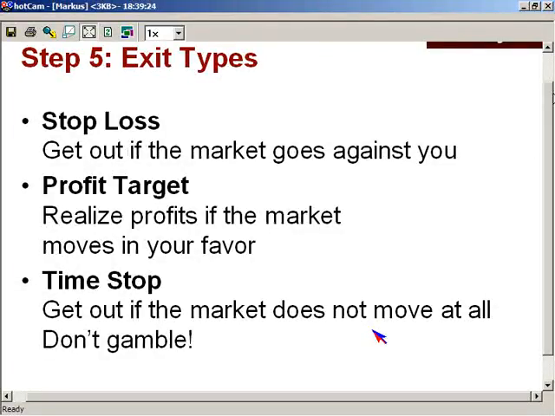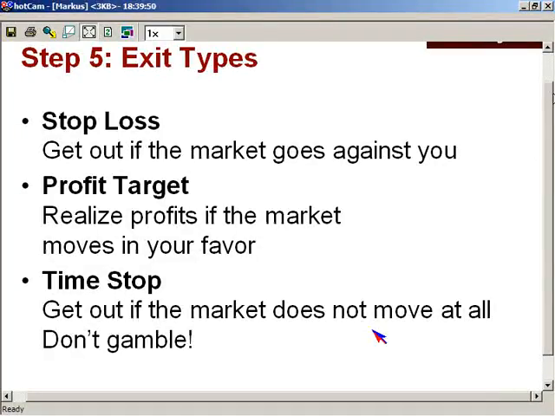Don't gamble. If you had an assumption, for example, you have a trend following system, and your system says that you want to buy the breakout of the previous day high. Now you're sitting there and prices are moving towards the previous day high and they are breaking through and you go long. Now you're long in the market. Nothing's happening. Now prices are just sitting there, don't move at all. So they dance around your entry price.